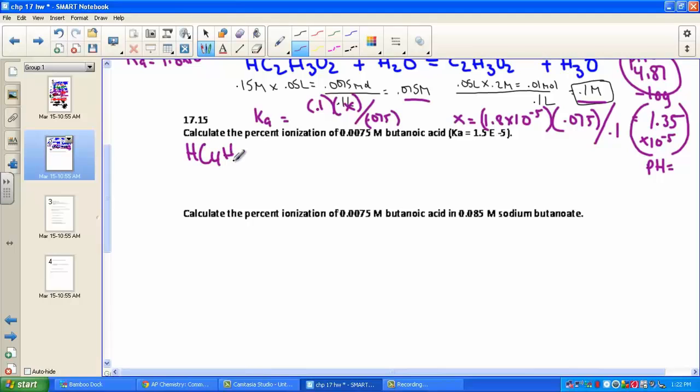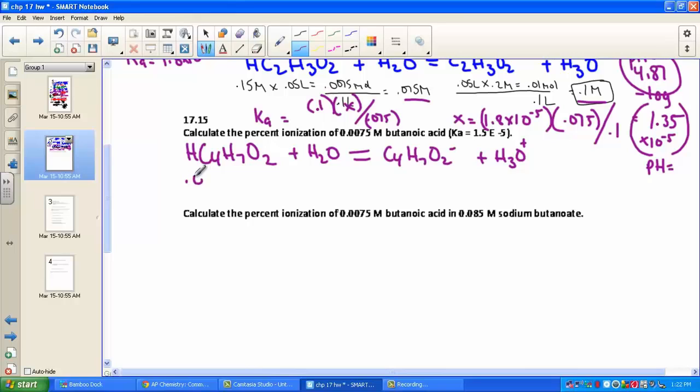C4H7O2 is in equilibrium. Alrighty, setting up its conjugate base, butanoate, C4H7O2 negative, and the conjugate acid H3O plus.